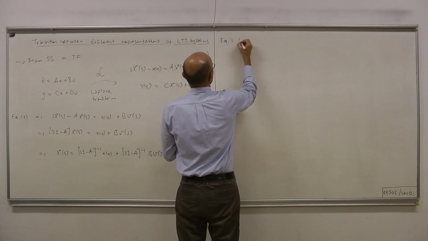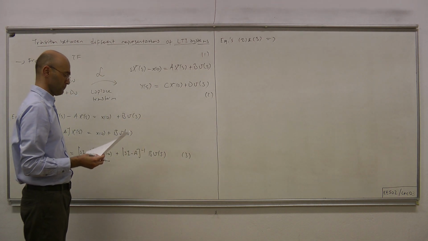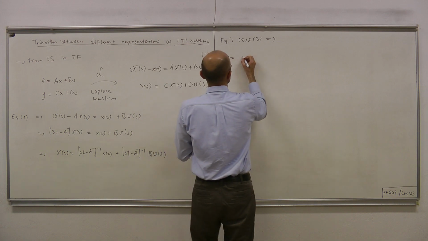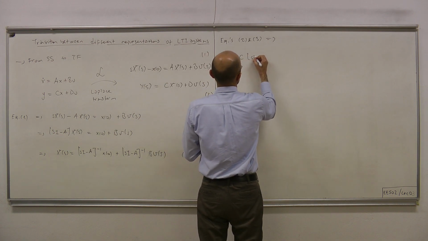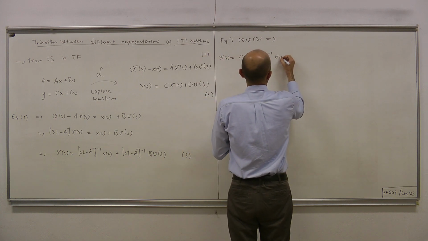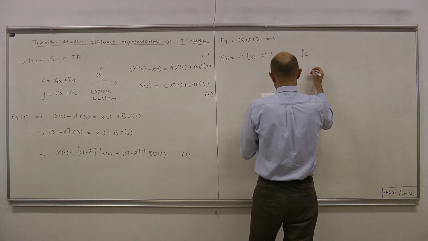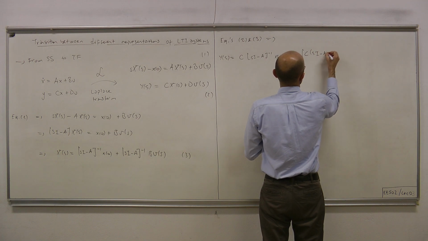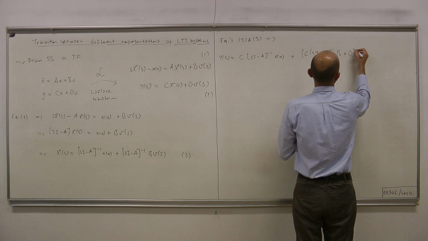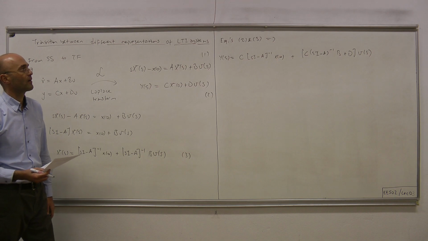Equations 2 and 3 yield the following: Y(s) equals C times (sI minus A) inverse x0, plus C times (sI minus A) inverse B plus D, times U(s).